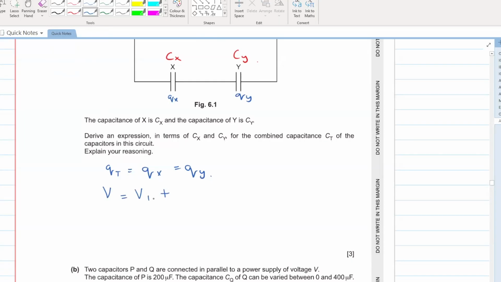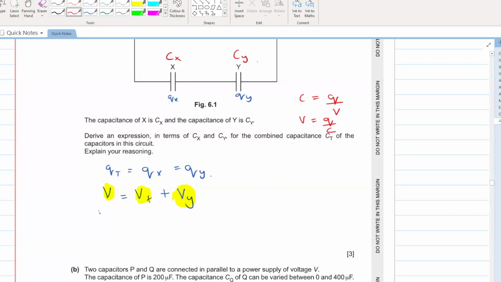Sum of the voltages at X plus the voltage at Y. Now, what can you do here? You can substitute these voltage values with what? You have studied a formula: capacitance is equal to charge over voltage. Voltage is equal to charge over capacitance.